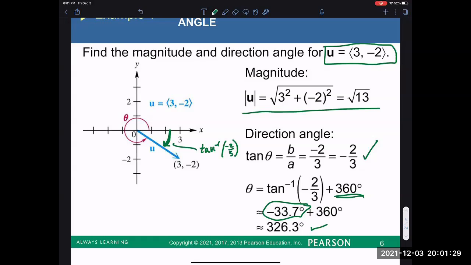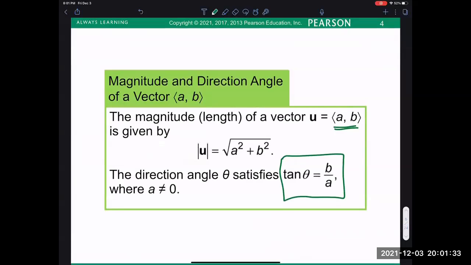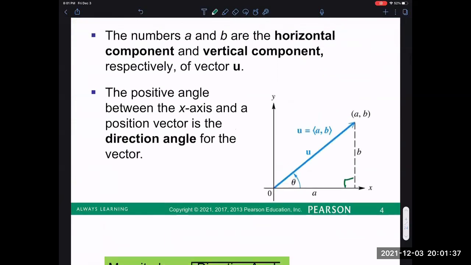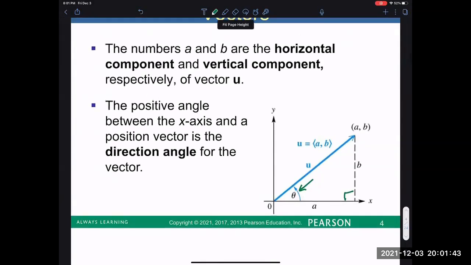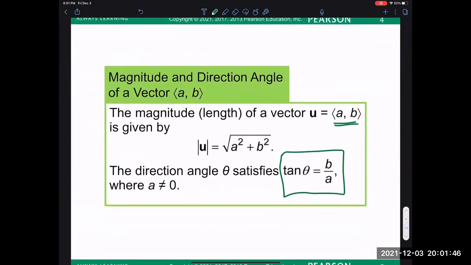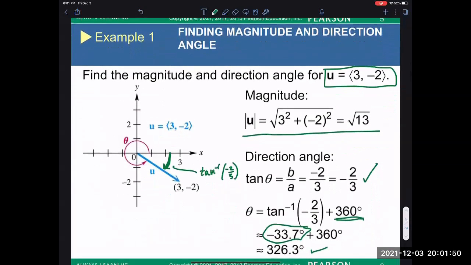So with this described relationship where we know tan of theta equals b over a, and we know we want theta to be positively rotated from the x-axis, we can put these two formulas together and produce the magnitude and the positive counterclockwise rotational theta measurement of the vector.